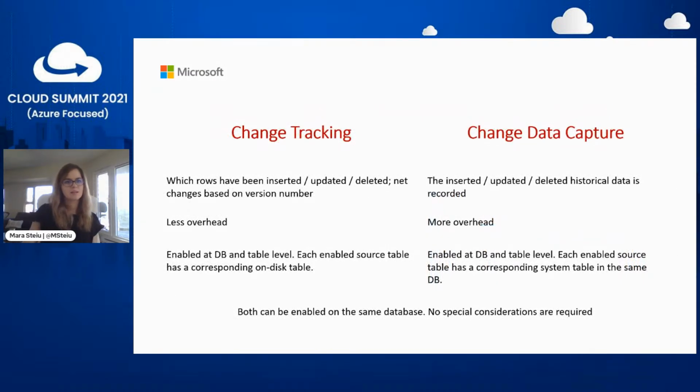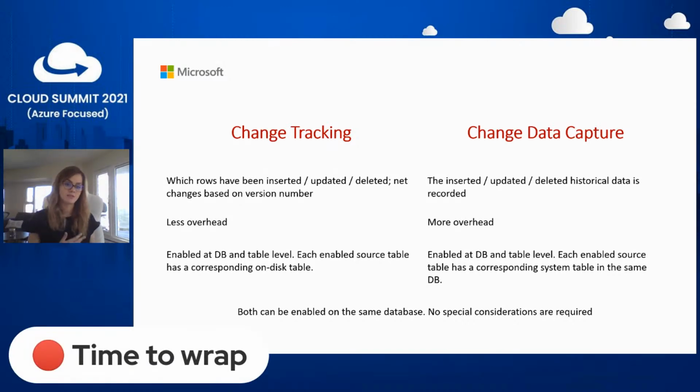Sometimes people mix change tracking and change data capture because they are very similar. But there are also some key differences that I wanted to highlight. Change tracking shows which rows have been inserted, updated, deleted, and the net changes based on the version number, as I was previously mentioning.